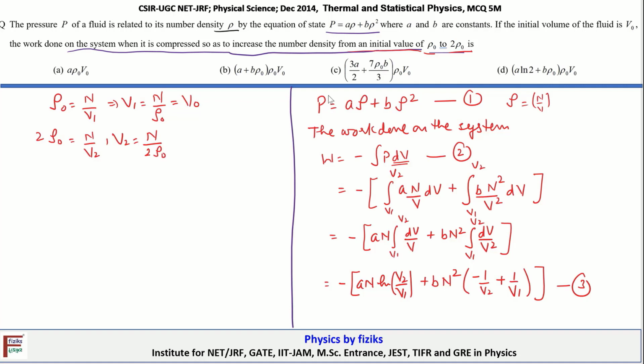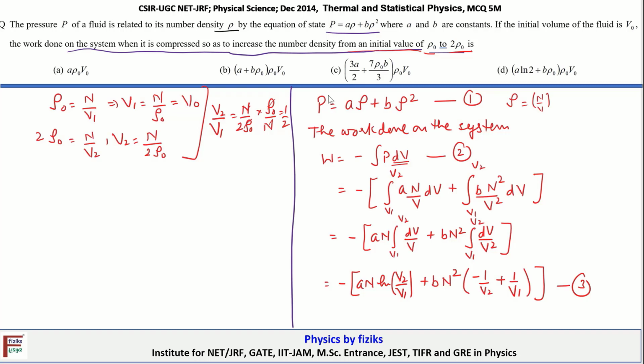So therefore from V1 and V2 we obtain V2 upon V1 equal to n upon 2 rho naught into rho naught by n. So this will cancel, and that is equal to 1 by 2.